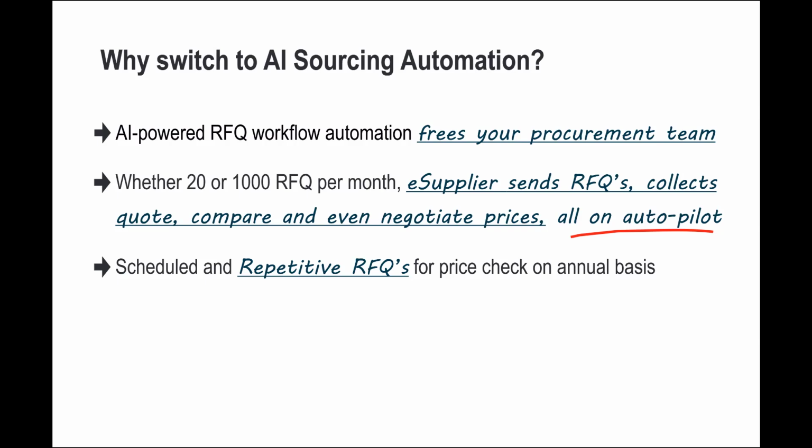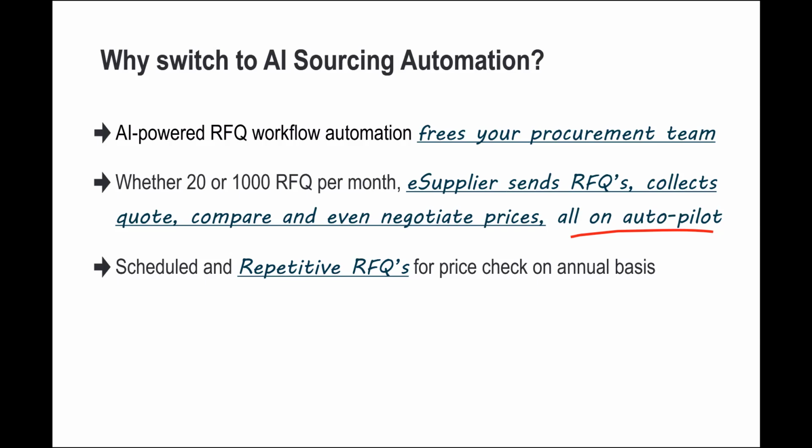The system will know that your RFQ has to auto trigger, could be on March 10th every calendar year, and refloat it to the suppliers, collect the quotes, compare them, and engage in negotiation. And these are multiple rounds of negotiation, first round, second round, third round, all on autopilot. So a lot of repetitive RFQs can be sidelined and turned into an auto process.